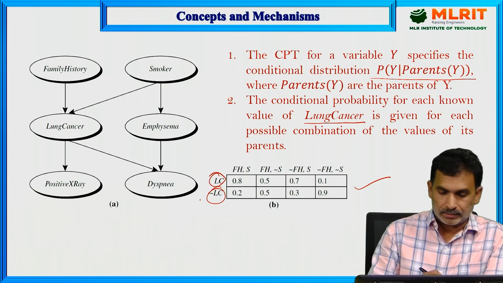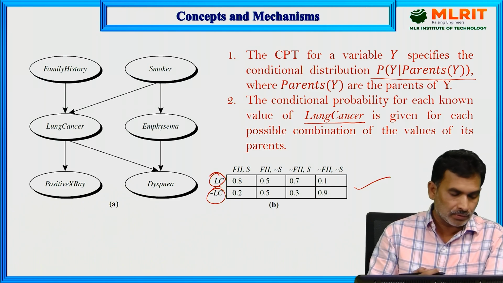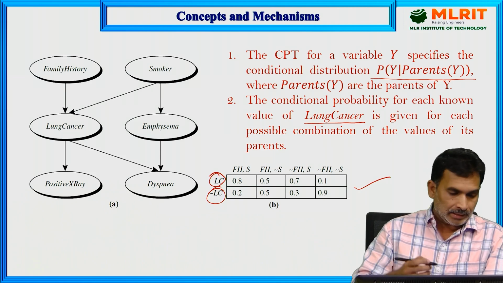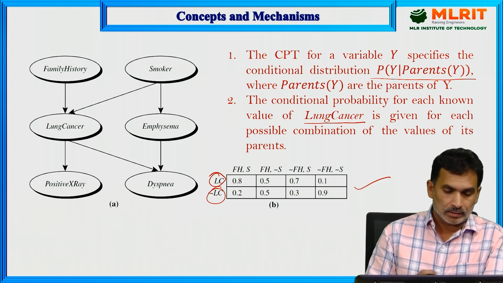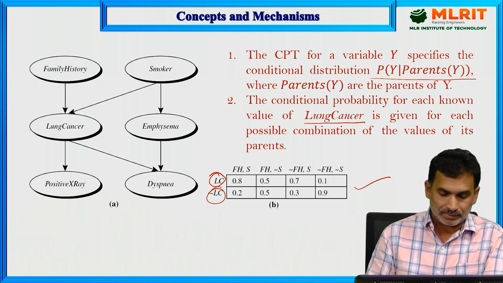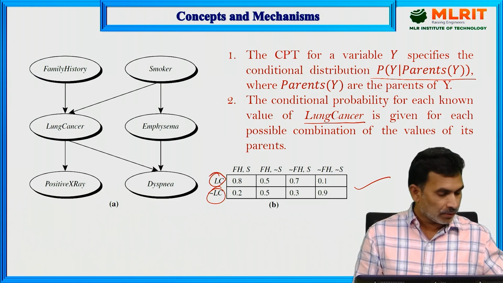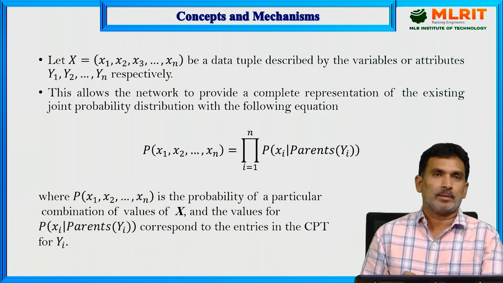Similarly, the values for other random variables, like whether they have a family history or not, whether the patient is a smoker or not. The combination of values is taken for each parent and its children to make these conditional probability tables.